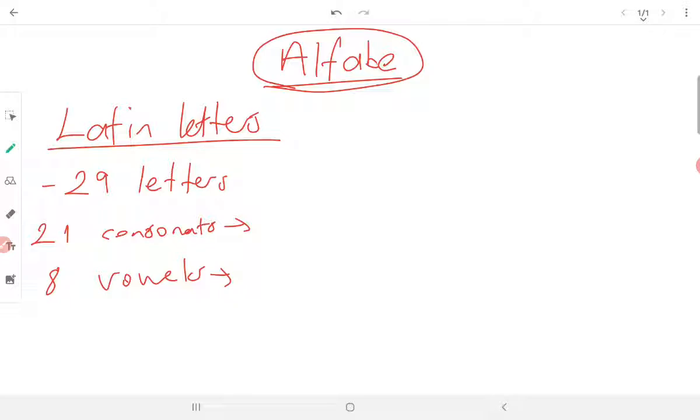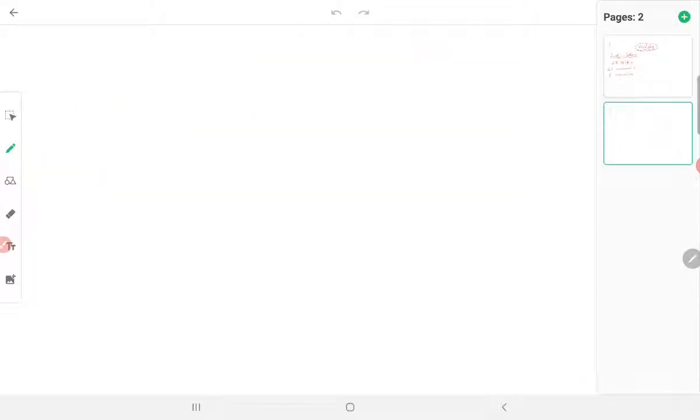Okay, all right, let's start with the letters, the sounds.